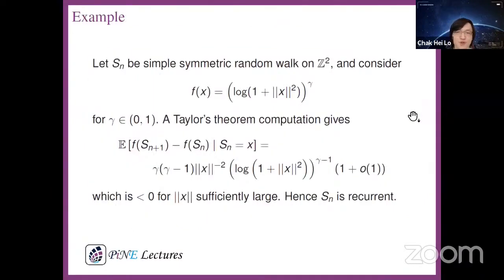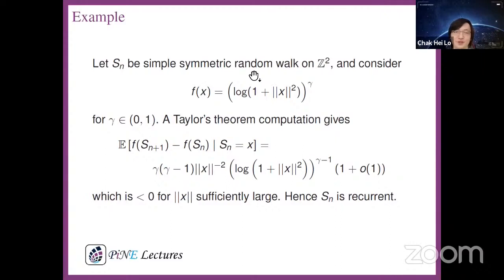Right, so before we go for the proof, let's have a simple example to see why this theorem is useful. So let S_n be a simple symmetric random walk on Z², and we consider f(x) to be this thing. So this time I tell you immediately what the correct function, or we call it the Lyapunov function, to pick in order to make this proof work is to take f(x) to be this thing.